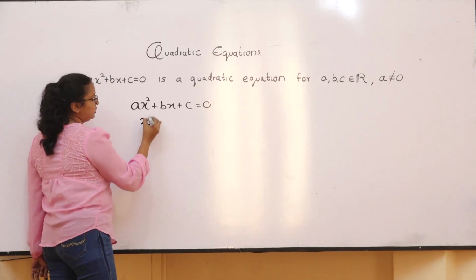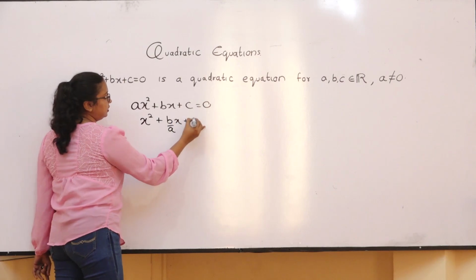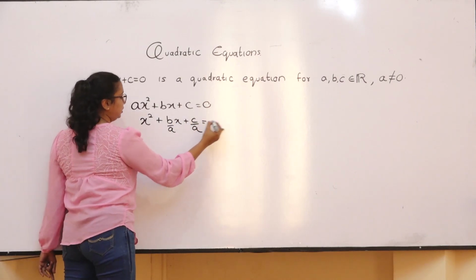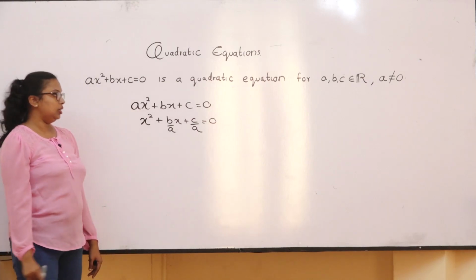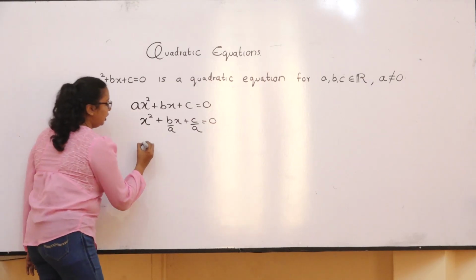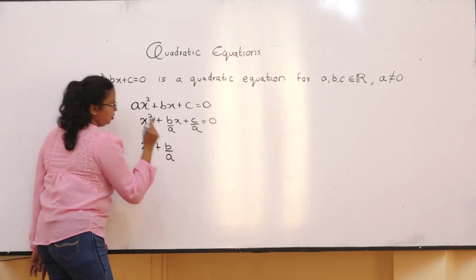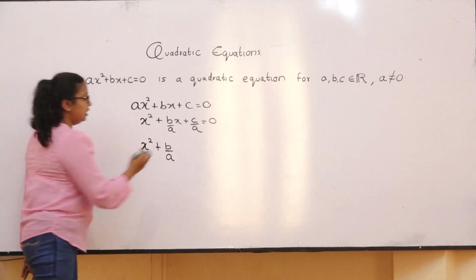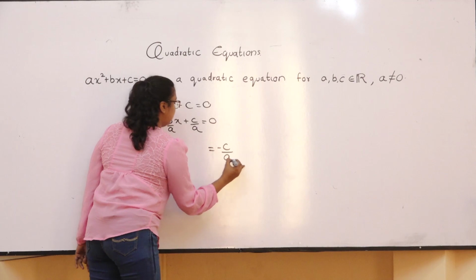So I will get x squared plus b over a x plus c over a equals 0 over a, which is 0. Now I will take the c over a term to the other side, that is minus c over a.